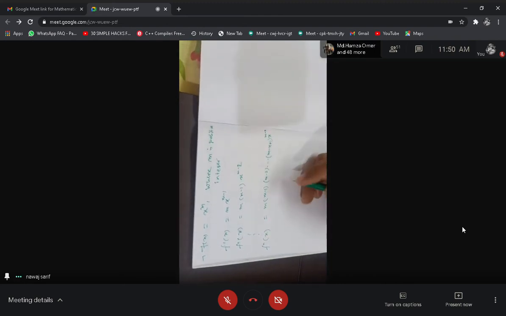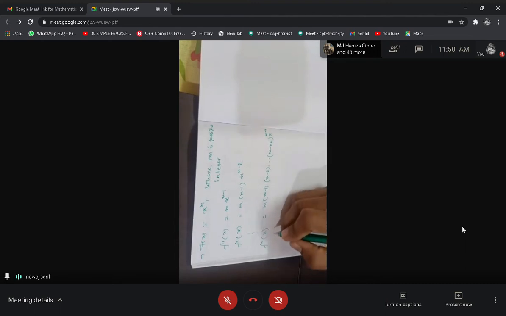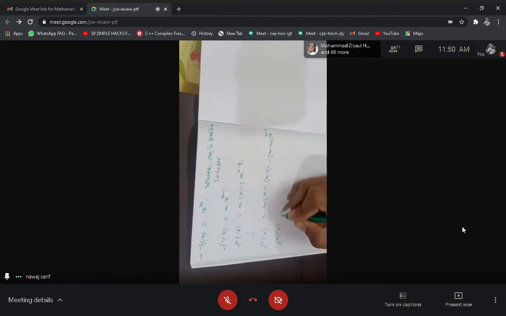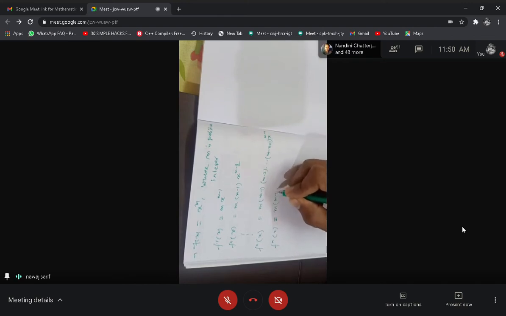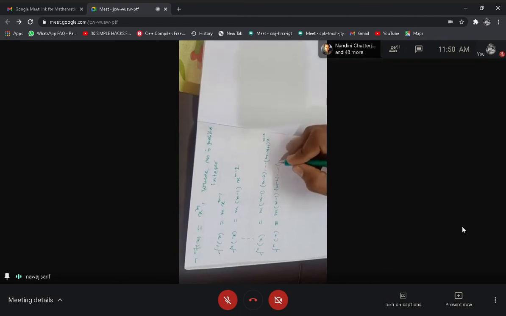Okay. And what is the mth derivative of f(x) equals x to the power m? It is m into m minus 1, m minus 2, and up to what? The last term will be m minus m plus 1, that is 1, times x to the power m minus m.